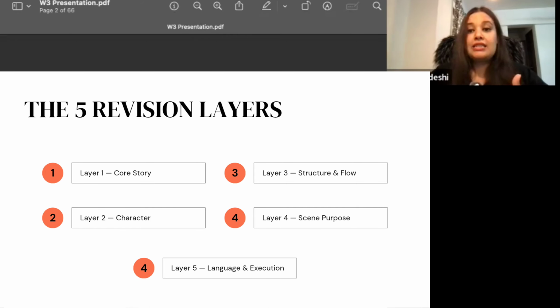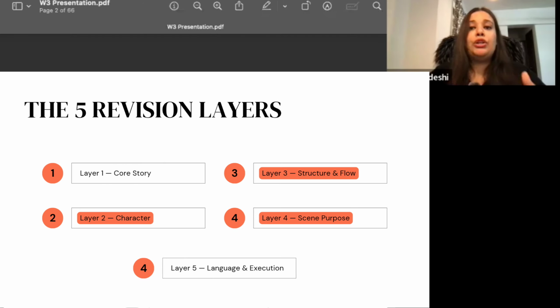Layer number two is the character. It will have desire, fear, contradiction, and psychology. Then comes layer number three, structure and flow, which has plot, pacing, and escalation. Then comes layer number four, scene purpose. It has tension, progression, and emotional movement. And then comes layer number five, language and execution. This contains prose, dialogue, rhythm, and clarity.